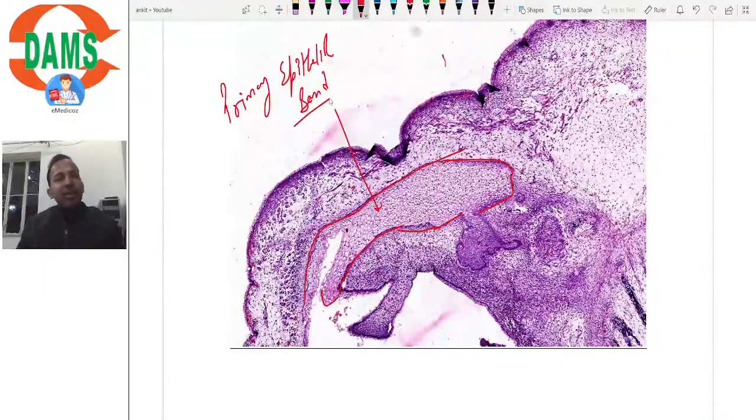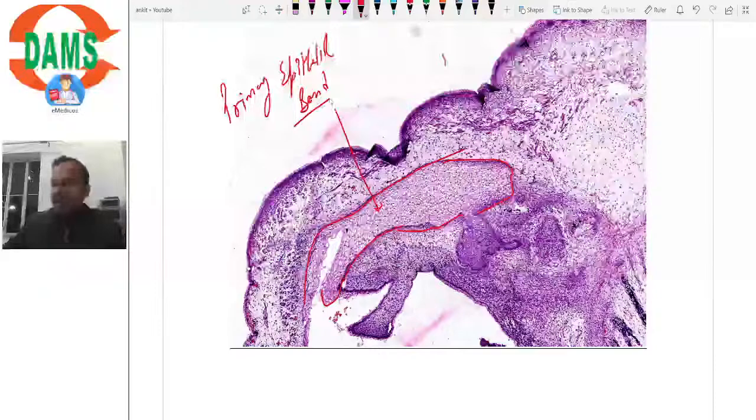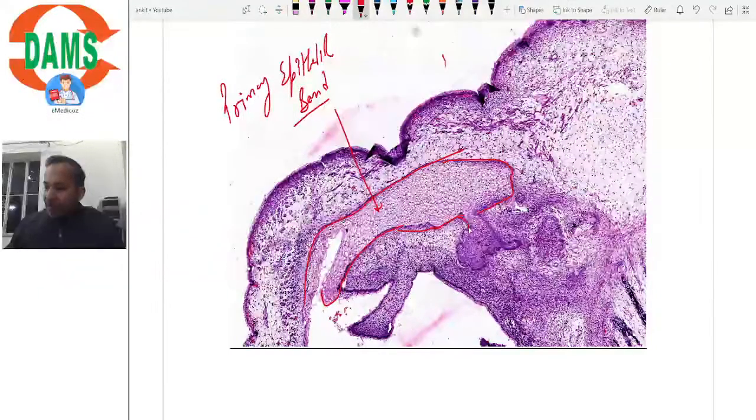At the 6th week it proliferates into the vestibular lamina, and at the 7th week it forms the dental lamina. This dental lamina will then give rise to the bud. So bud formation takes place from the dental lamina, which has proliferated from the primary epithelial band.